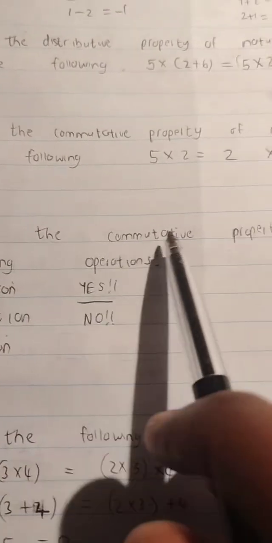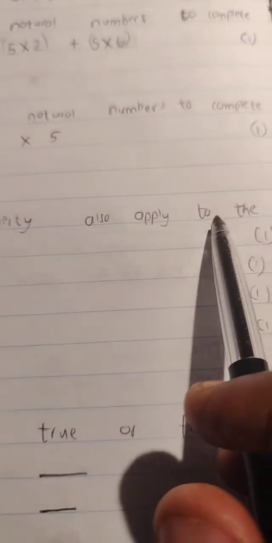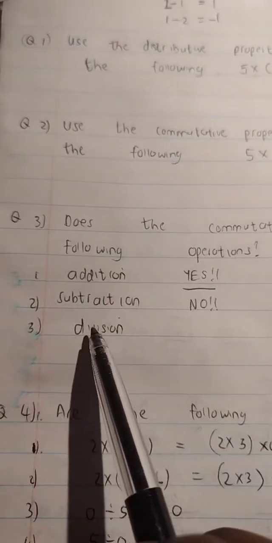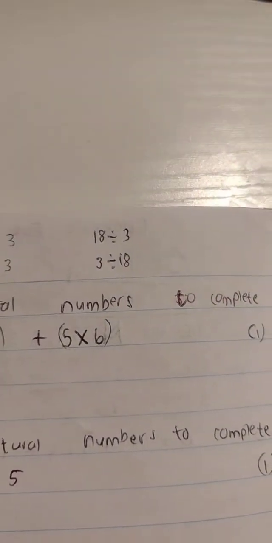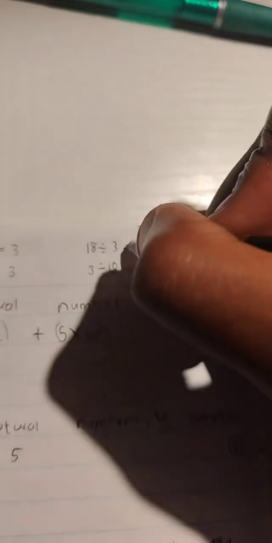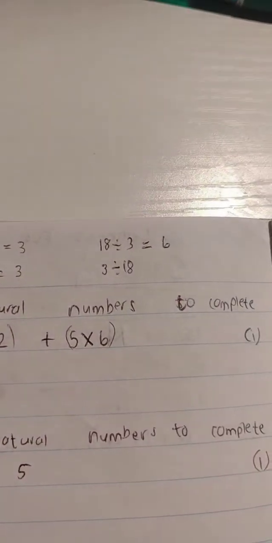Lastly, does the commutative property apply to division? In other words, is 18 divided by 3 going to give us the same thing as 3 divided by 18? That is the question. 18 divided by 3 is obviously giving us 6.